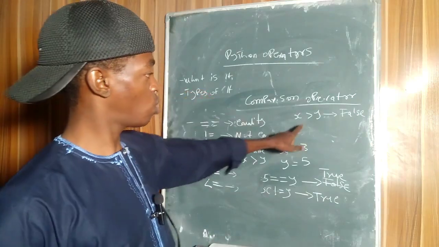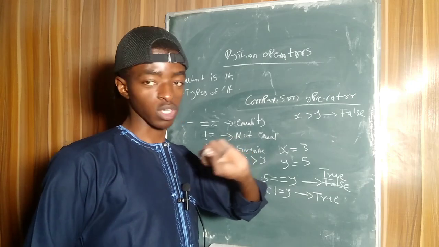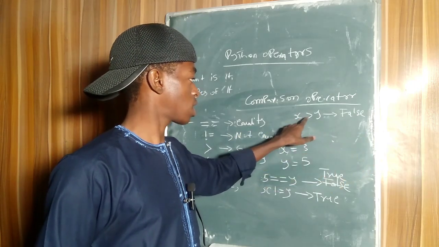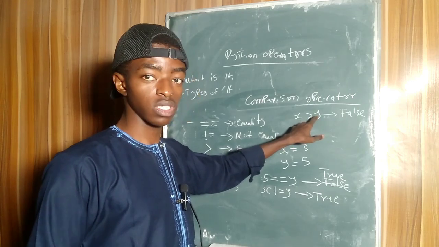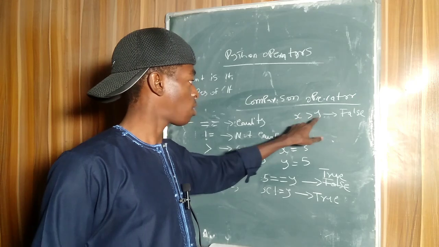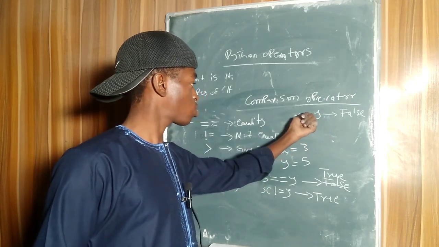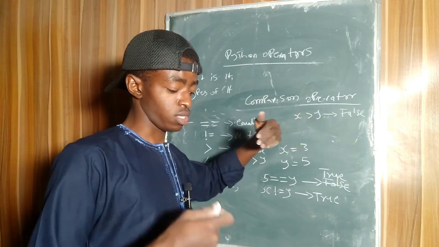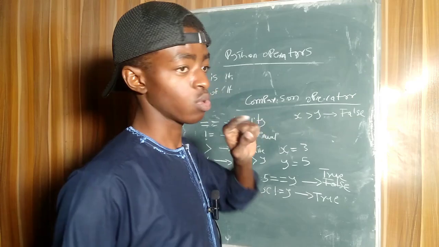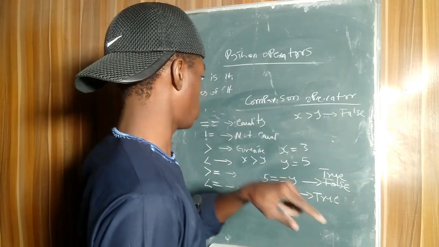Just look at the arrow. Where the arrow is pointing is telling you this is the small one. Here, y is the small one, so this means it's asking, is x greater than y? So when the arrow is pointing to this one, you are asking, is this smaller than this one? So look at where the arrow is pointing. It's pointing to the small one.